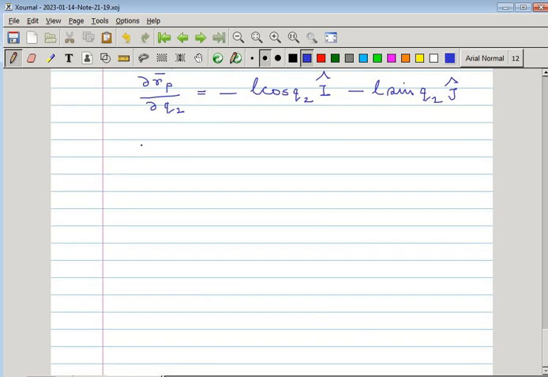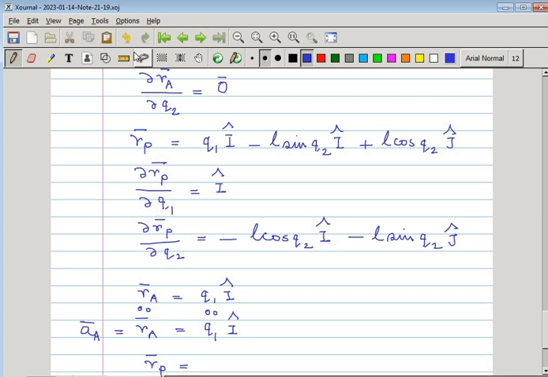So RA equal to Q1 I, RA double dot is equal to Q1 double dot I, and that is equal to AA. So we have easily got AA. And RP equal to this.